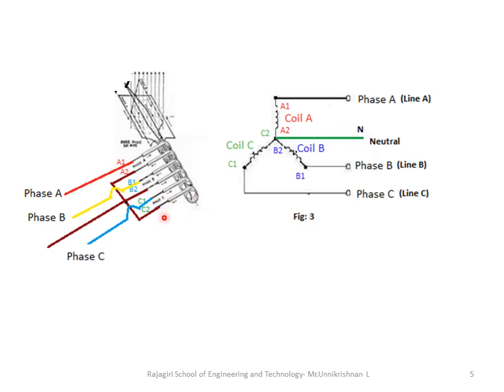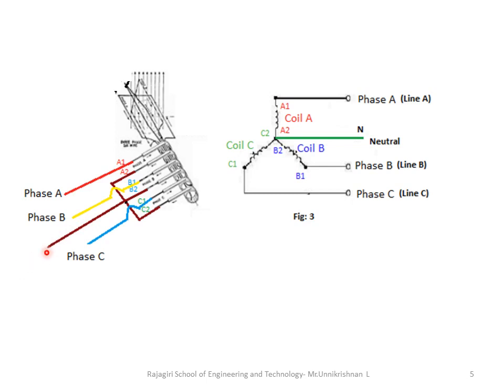In this slide it is shown how to connect the output of the 6 slip rings in a star connected system. So how are we connecting? See, we are connecting the terminals A2, B2 and C2 together. And this common point we are taking outside, and this will be the neutral.